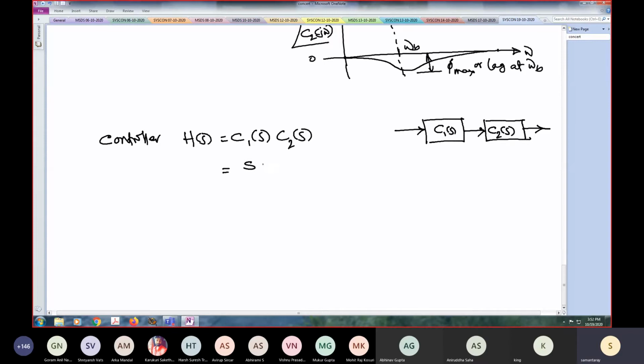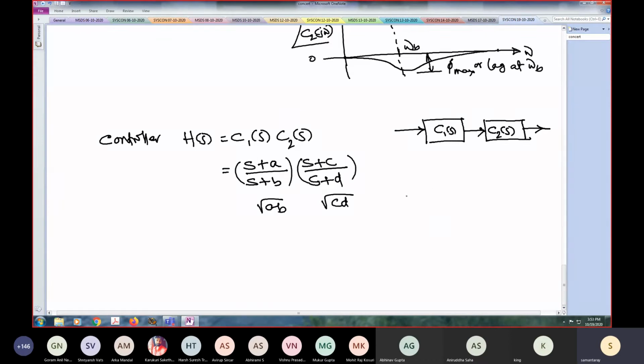Okay. So let's say this is (S + A)/(S + B), and this is (S + C)/(S + D). So two different things are there. You have a break frequency for this, square root of AB, and for this, square root of CD.